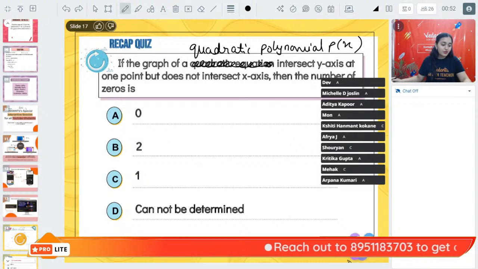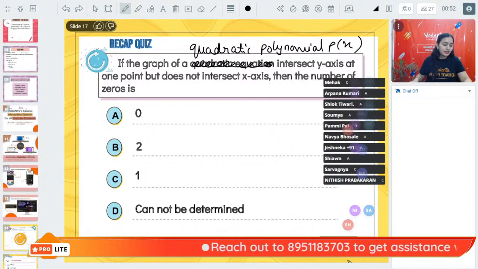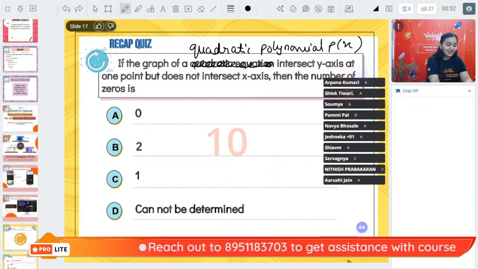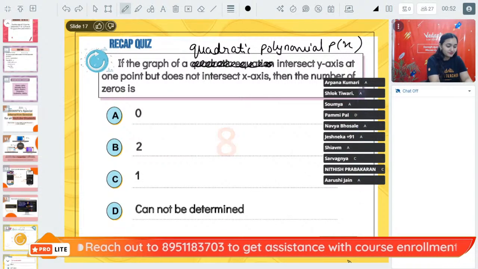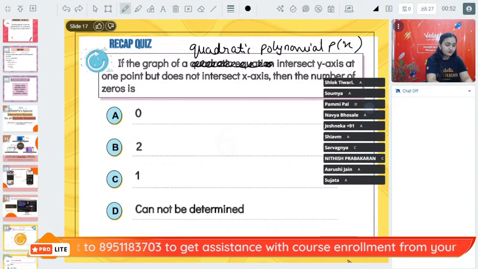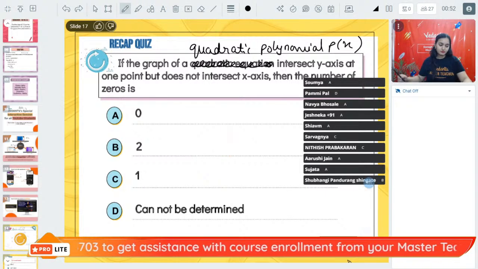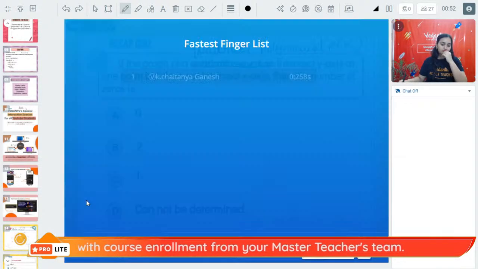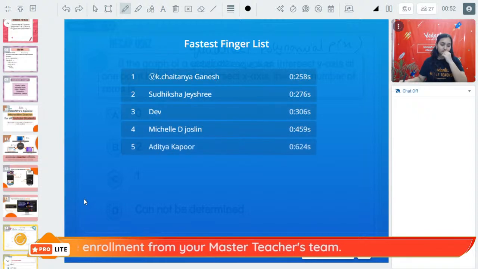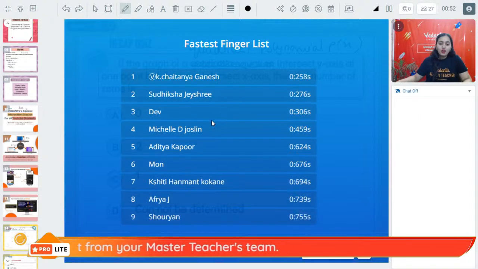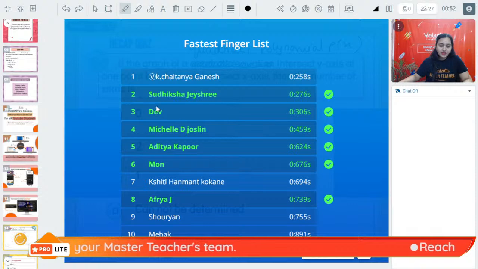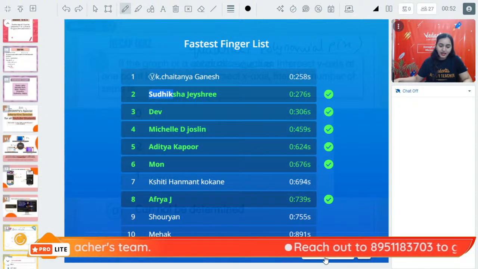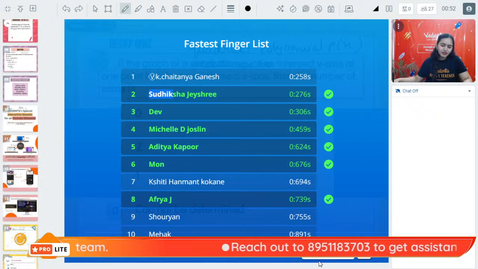Ram beta, why are you going? The lecture has just started and you are saying bye bye. On the fastest finger list: Sudhiksha, Dev, Michelle, Aditya, Mon, and Afarya.